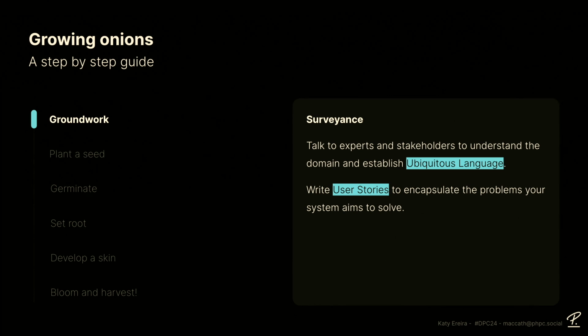So when you're surveying your domain, and by that I mean talking to domain experts and business stakeholders and people that know what they want your system to do, you will determine a ubiquitous language. A ubiquitous language is the language that everyone speaks. It's understandable by everyone.